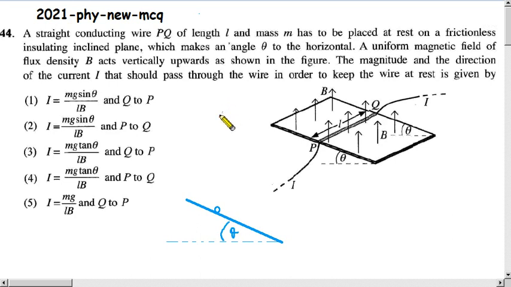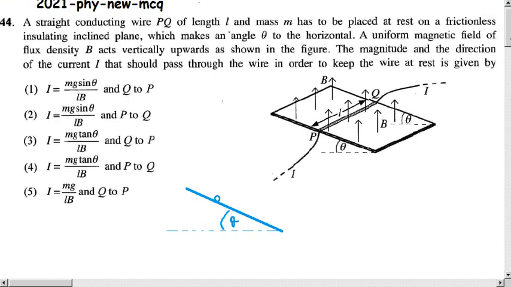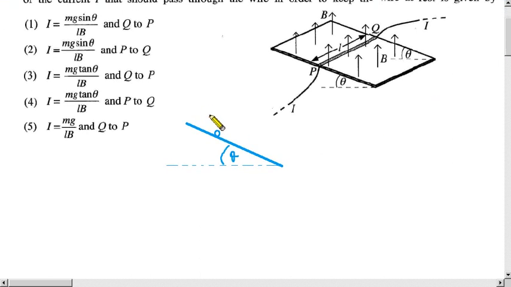So let us use this diagram to describe this. This wire has mg downwards. If we draw a normal to the surface like this, this is mechanics, not magnetic field.